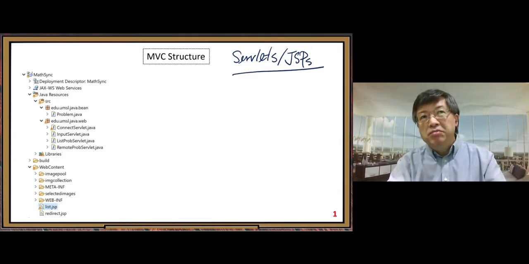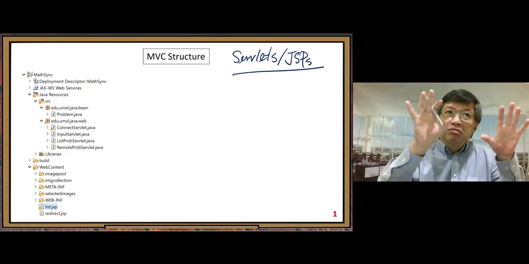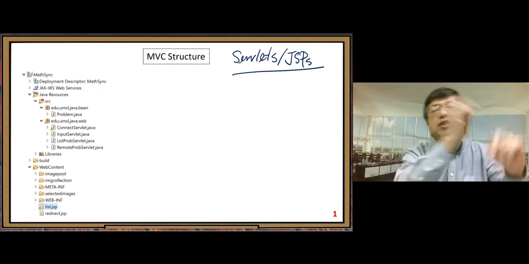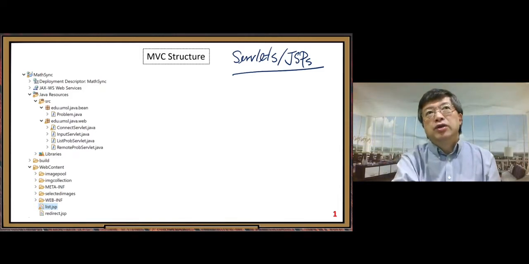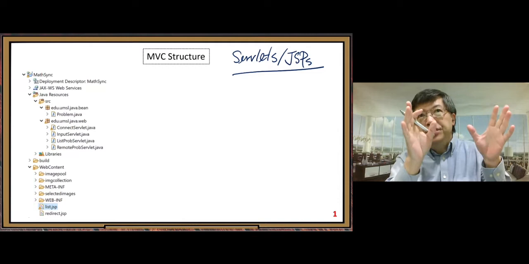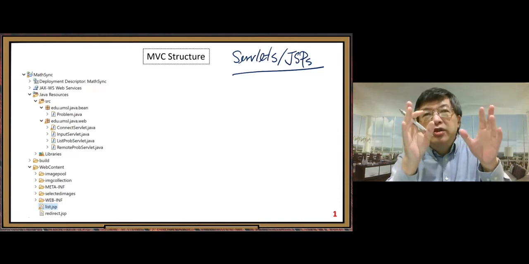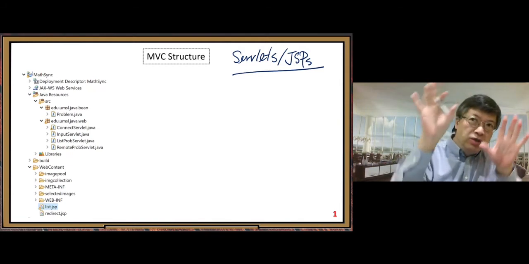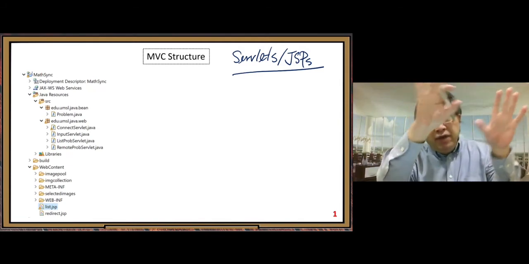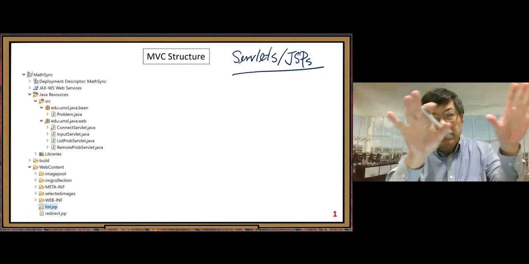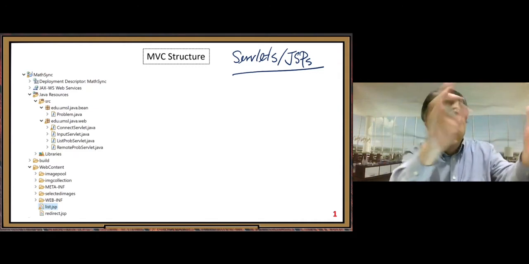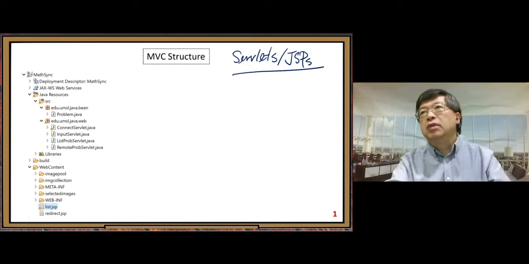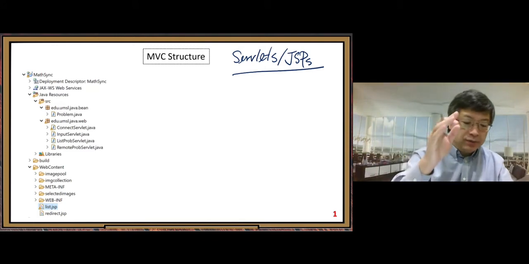But you can see we have an approximate MVC structure. Although we do not use any MVC framework like Spring, we pretty much use MVC, not in a strict way, but in an approximate way.